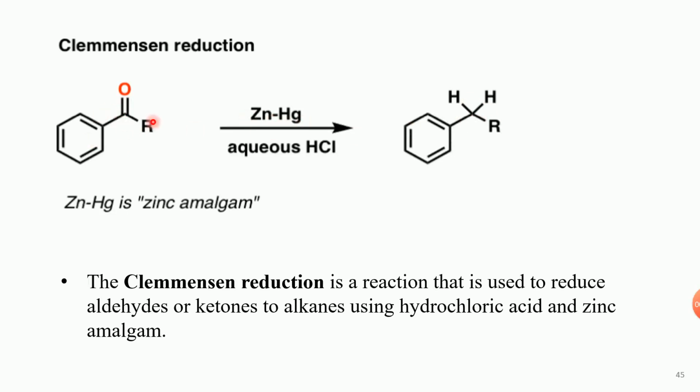Here the ketone or aldehyde reacts with zinc amalgam in acidic condition, which is provided by strong or concentrated HCl. The product formed is an alkane or hydrocarbon. The change in the reactant and product is only that the carbonyl functional group is converted into the CH2, that is methylene group.